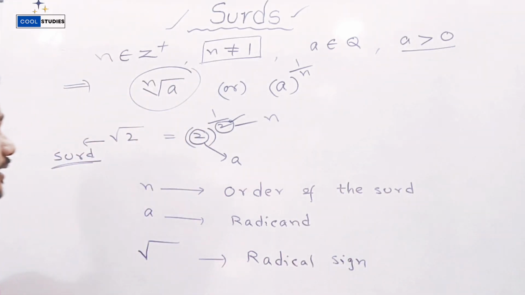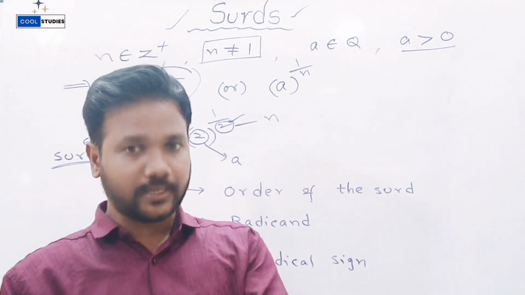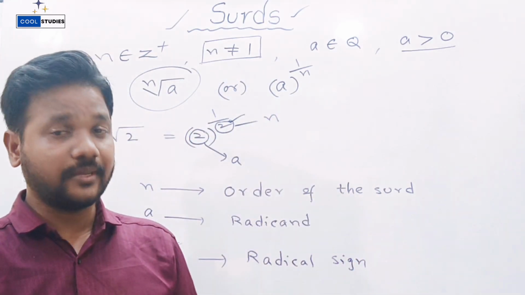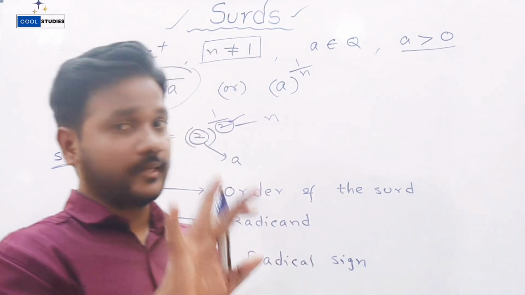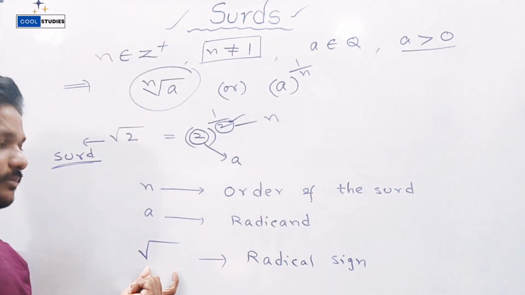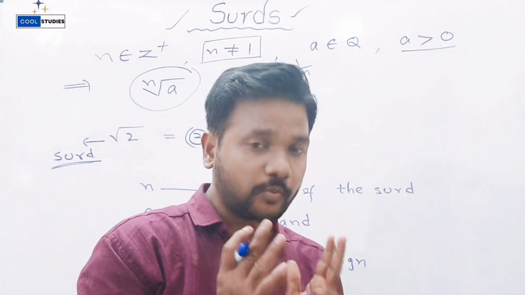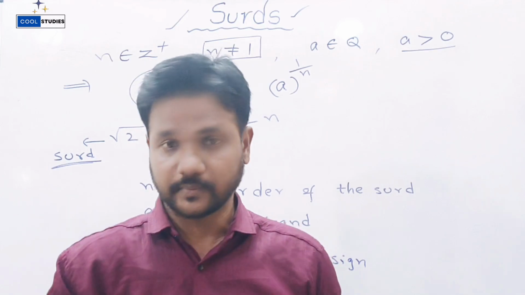These are the terms in the surd. The number in the form of nth root a is called a surd, where n is the order of the surd, a is the radicand, and this root symbol is called the radical sign. I hope you understand the meaning and definition of a surd.